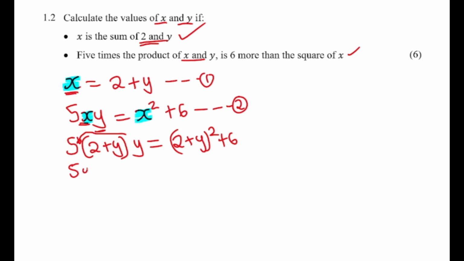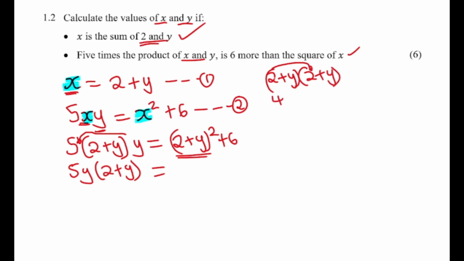So if you say 5y times (2 plus y) is equal to, let's expand this. You can use your FOIL. This means 2 plus y times 2 plus y. 2 times 2 is 4, 2 times y is 2y, then y times 2 is 2y, then y times y is y squared. And then you're going to get 4 plus 4y plus y squared.